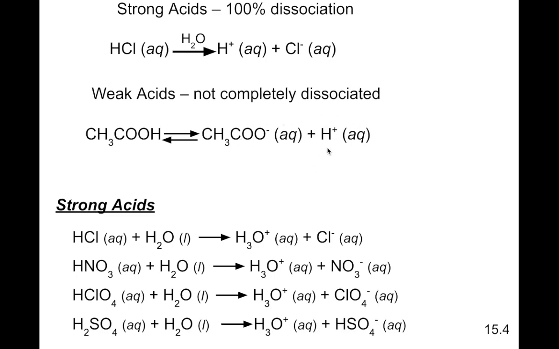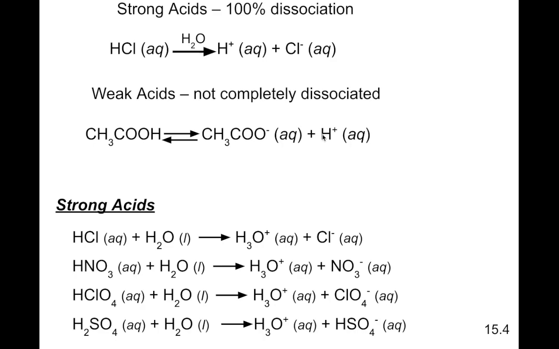And if H plus is truly the acid part of acid, it's what really does the chemistry when interacting with other molecules. Here you get 100% dissociation with hydrochloric acid, and here you only get about 5%.